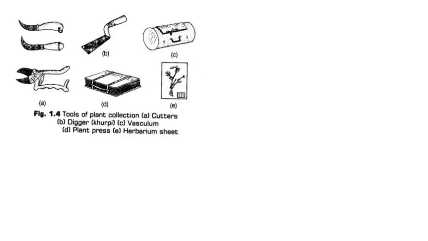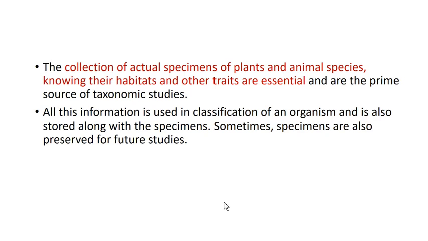Now, for collection, classification and identification of the actual specimens of plants and animals, it is essential to know about their habitats and some other traits of those plants and animals. For collection of the specimen we have to know about the actual habitat and some traits of the organism which we are going to collect.